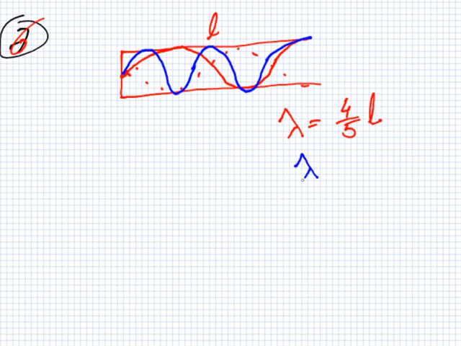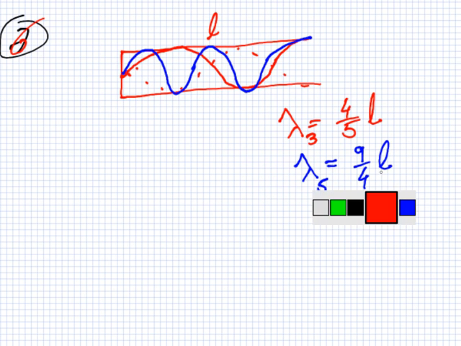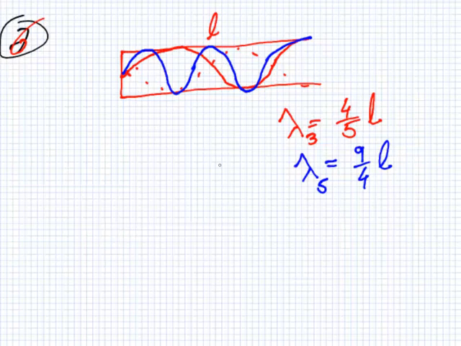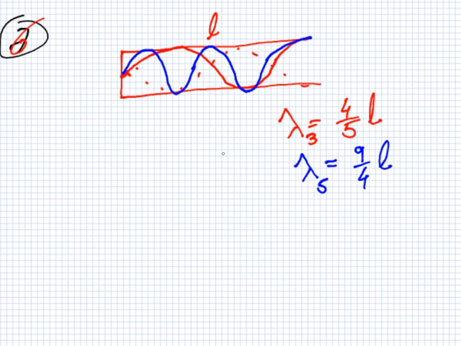So in blue, I'll write this one here, this is for the third and this is for the fifth. That would be 9 quarters the length of the pipe. This is going to be 4/9.